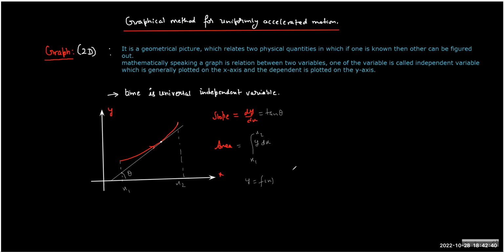So to begin with, we will talk about the first graph, which is the most challenging graph for many of the students, and that is called the position time graph.